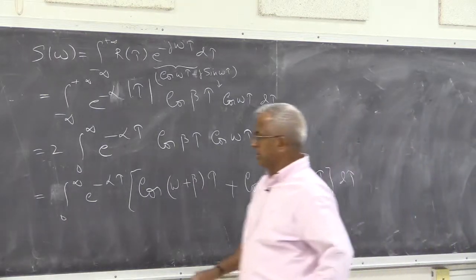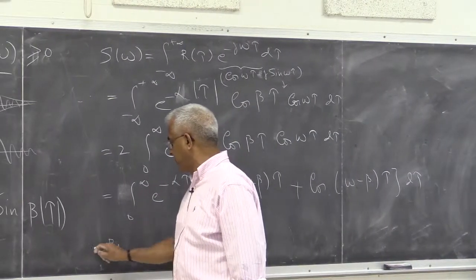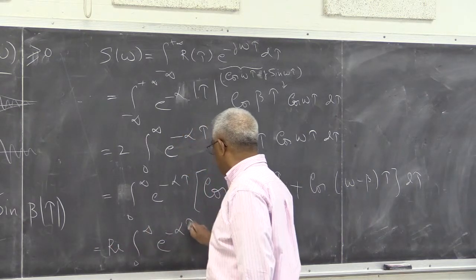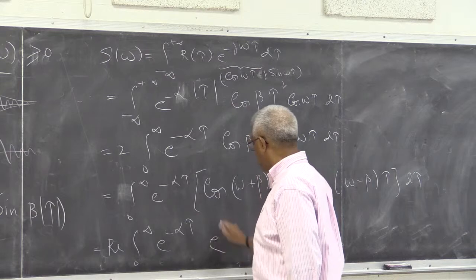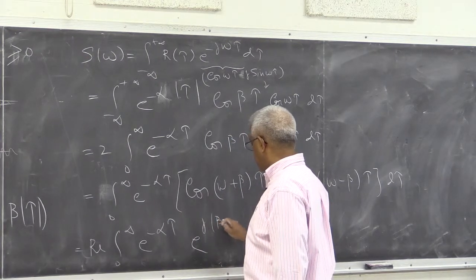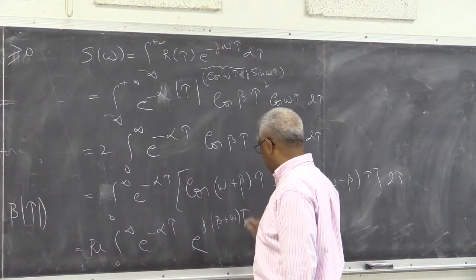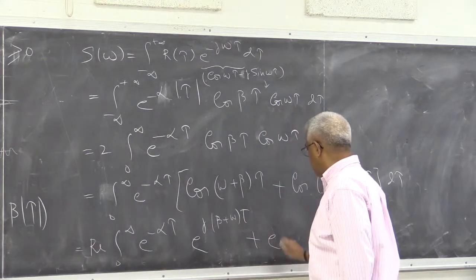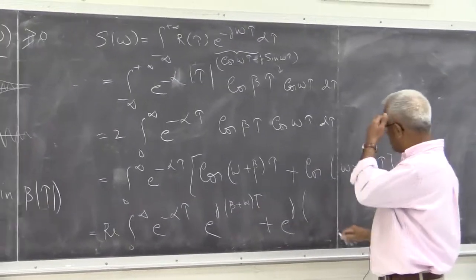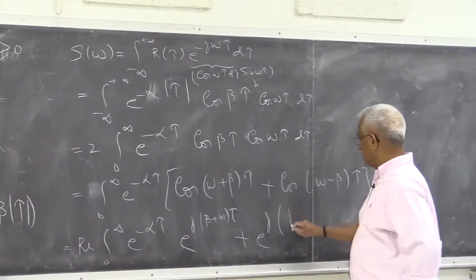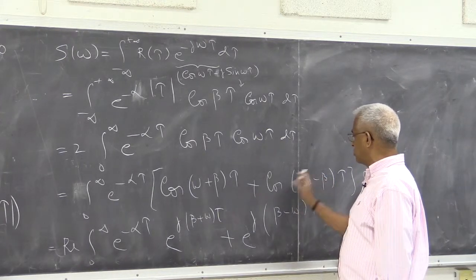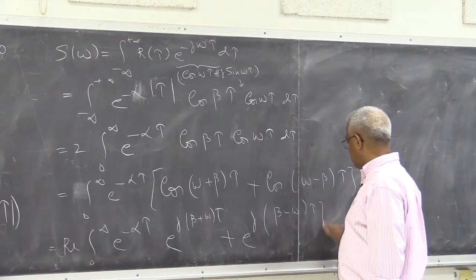So this you can write it as a real part of integral 0 to infinity e raised to minus alpha tau, e raised to j beta plus omega tau plus e raised to j beta minus omega tau. Remember, cos is an even function, so d tau.